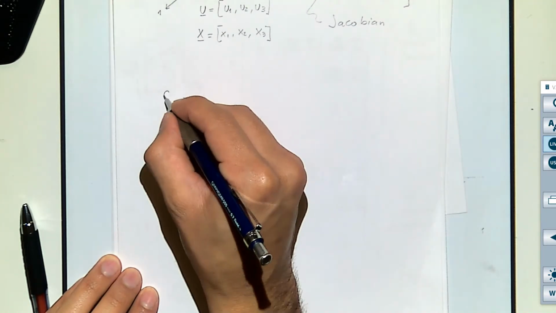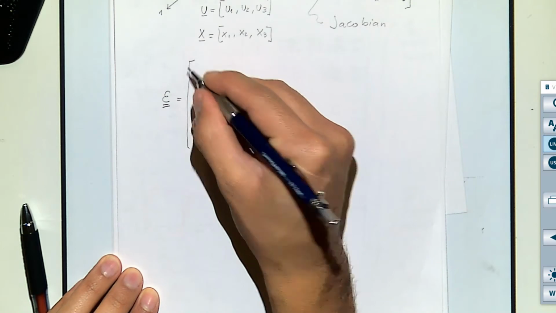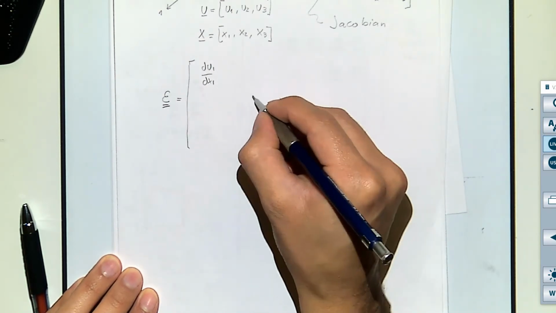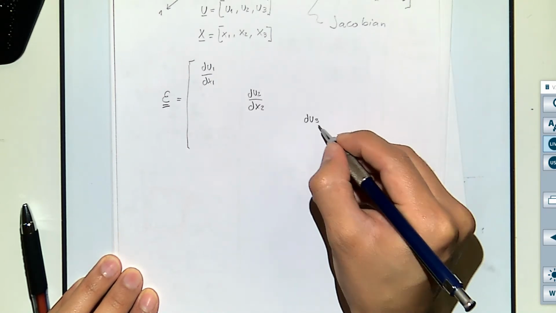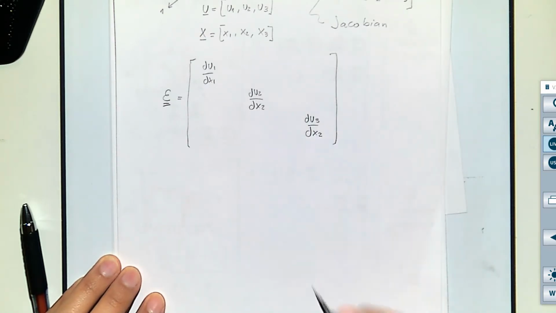Here, strain tensor, then it's going to be equal to the linear strains and I'm going to put here also the shear strains.